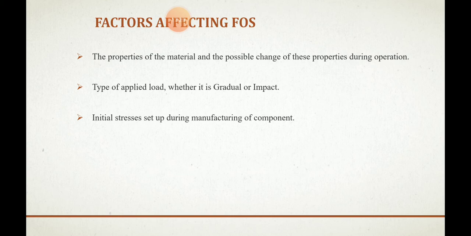Next, initial stresses set up during the manufacturing of the component. Maybe due to the casting of the component or during the machining, some internal stresses are already set up in the component. Again, it will affect the factor of safety. The extent of the localized stresses, and the mode of failure. These are all the factors which affect the factor of safety.